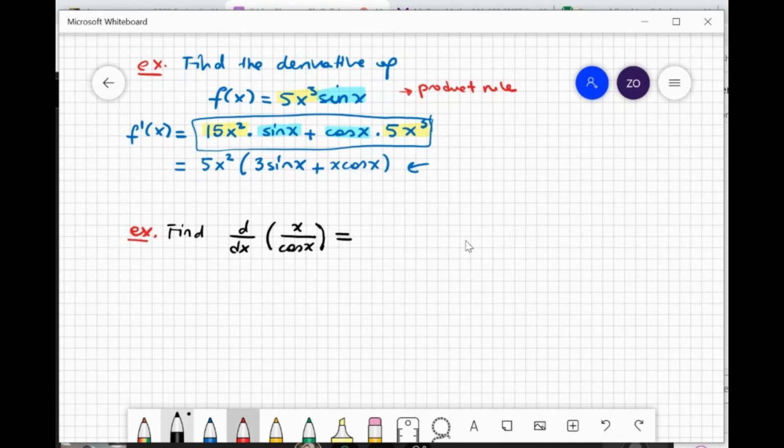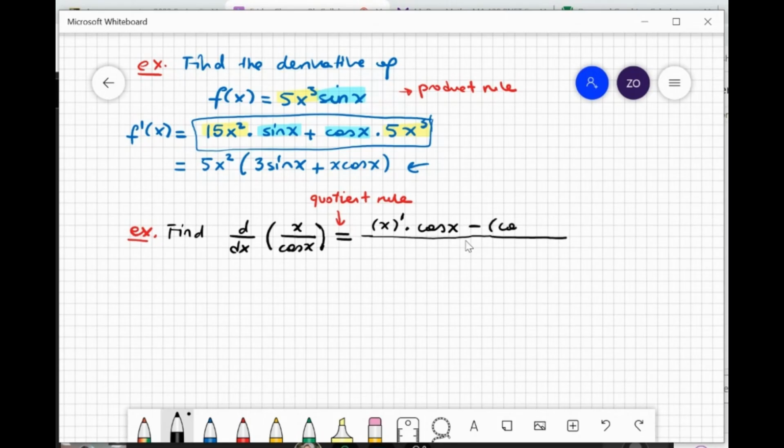What formula should we use? Now we have x over cosine x. We will apply the quotient rule. So the derivative of the top. Let me first write it openly. Derivative of x times the denominator cosine x. Now the formula itself has a minus.